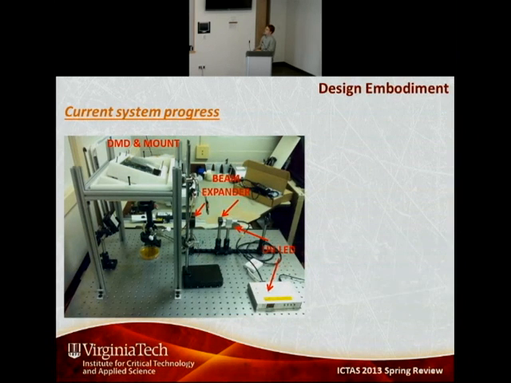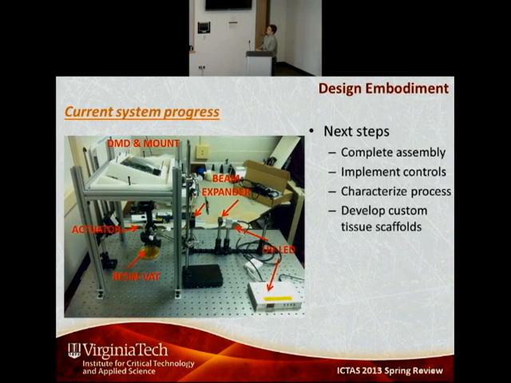The strategy is depicted here in this little picture, where in my lab we design de novo protein sequences that have self-assembly properties. Within these protein sequences, we can engineer specific peptide binding sites. On the other hand, we modify the nanoparticles with peptides that specifically bind to these proteins.